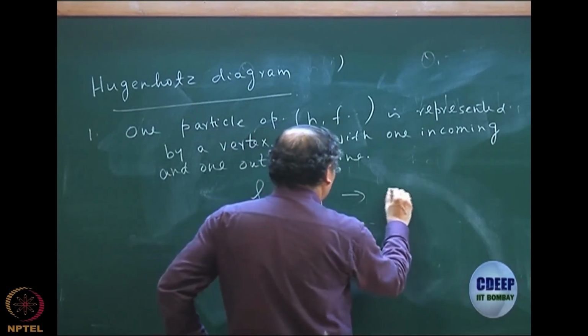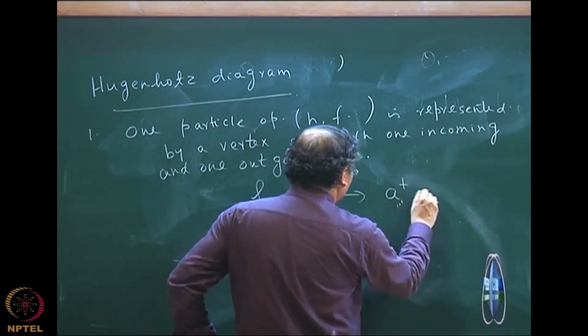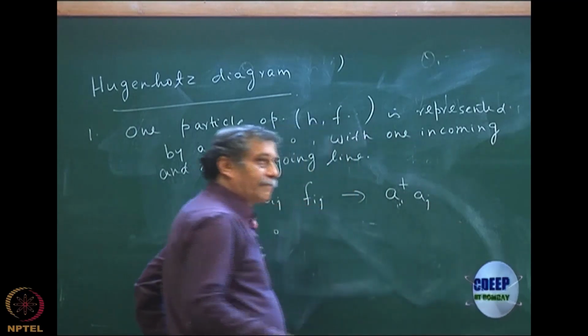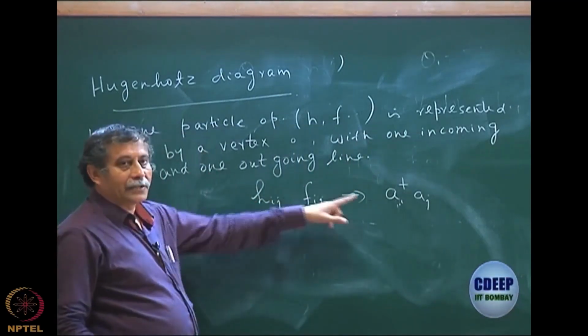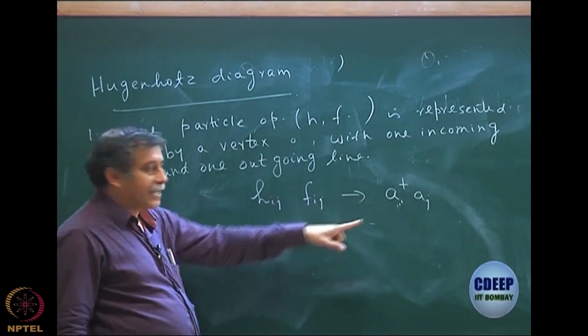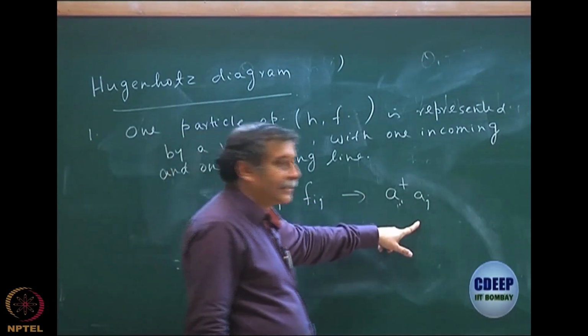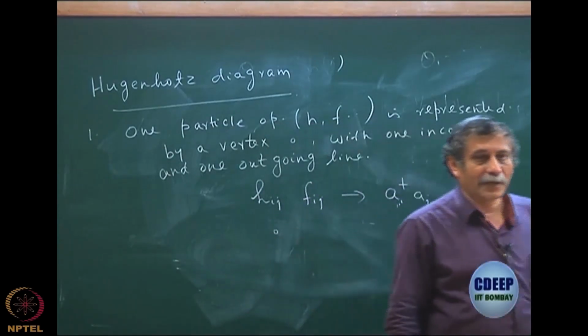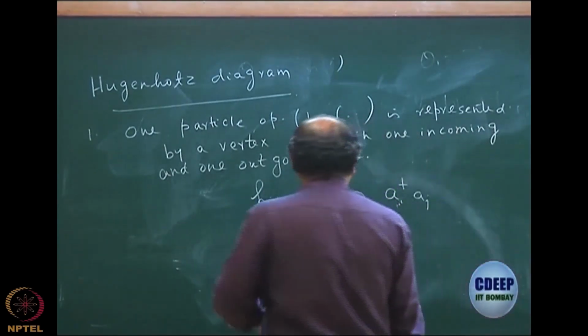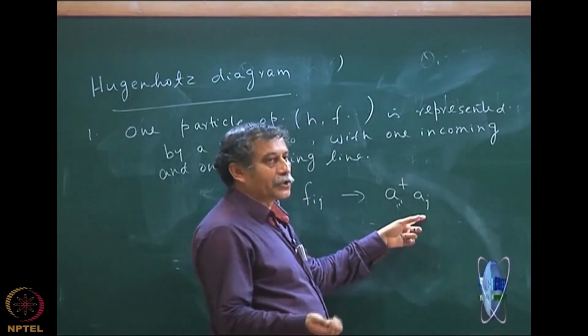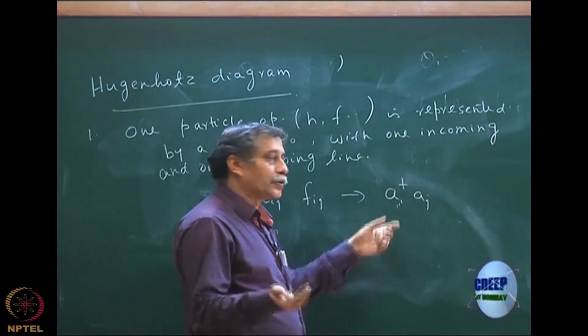So what is the second quantized form of this? A_i dagger A_j, right? Whenever I have Hij, the operator is A_i dagger A_j. That means j is annihilated, i is created. But j can be occupied or virtual, and i can be occupied or virtual.